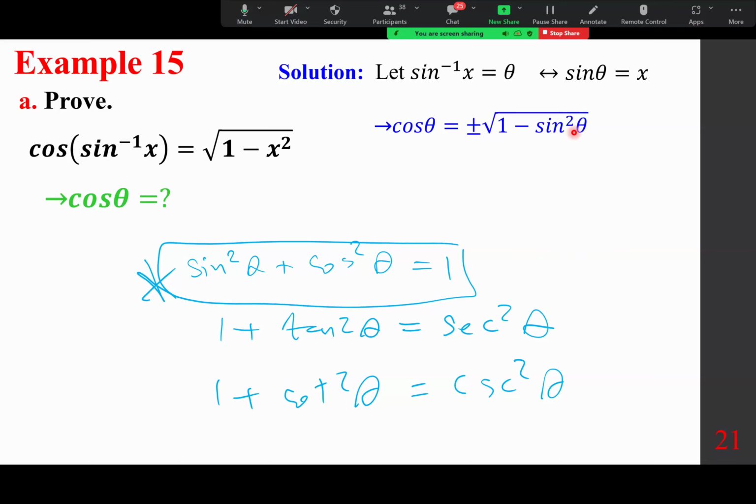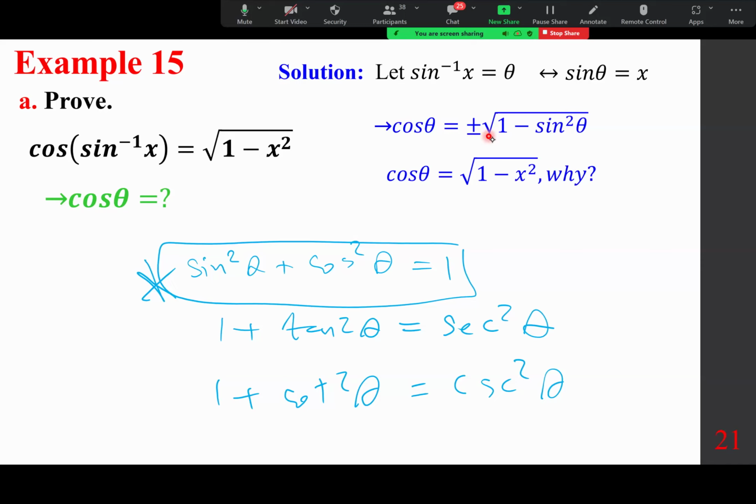So what is sine squared? x squared. So this can be replaced by x squared. Plus or minus, which one? Plus. Why is that? Remember, trigonometric functions do not have an inverse unless we restrict their domain, because they are periodic functions and they repeat.